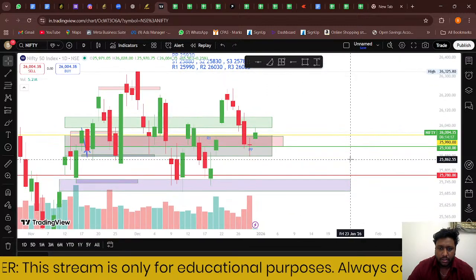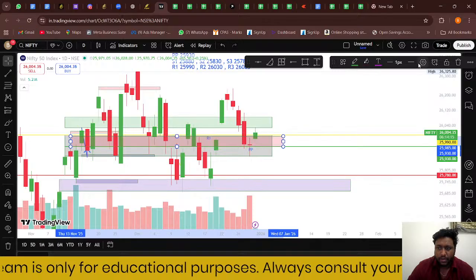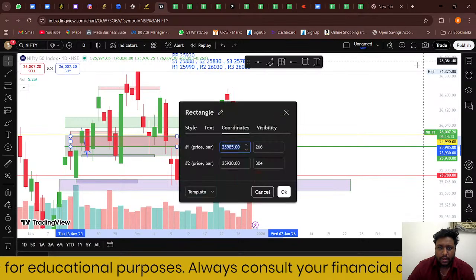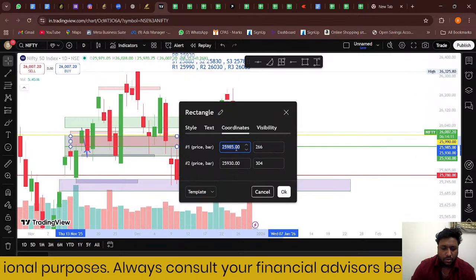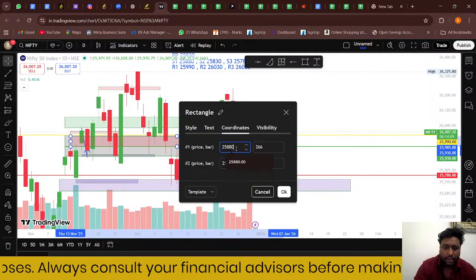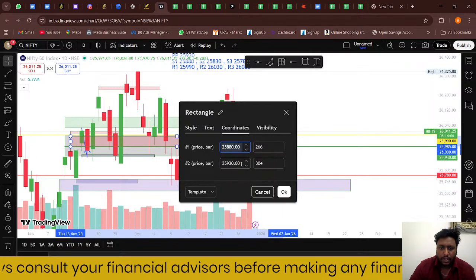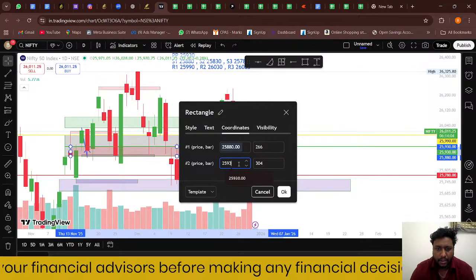On the bearish side, it will be below support 1, 25,880, and the second support is at 25,830.